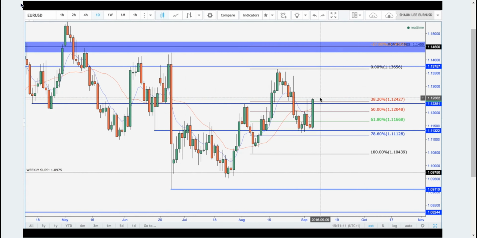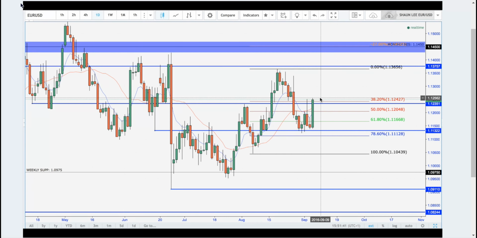Now with the price pulling all the way back above, what I'm going to be looking for, because it's Tuesday today, is a daily close, because remember, we always have to await the candlesticks to close and be patient to get our overall bias.